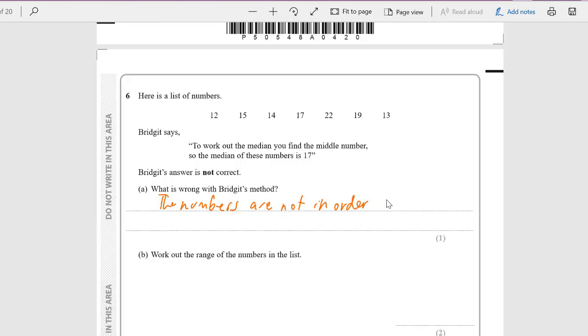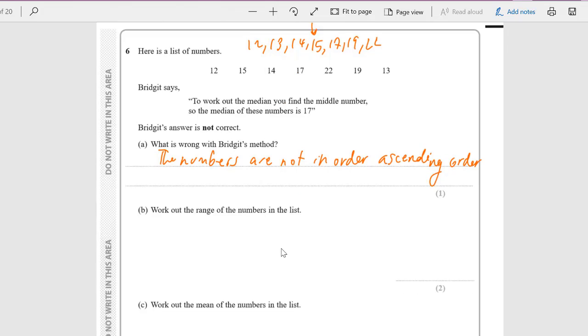And when we say order, we mean ascending order. So in this case, it would have to go up. So we start with 12, 13, 14, 15, 17, 19, 22, and then it would be 15. It doesn't ask us to do that, but just good to know.